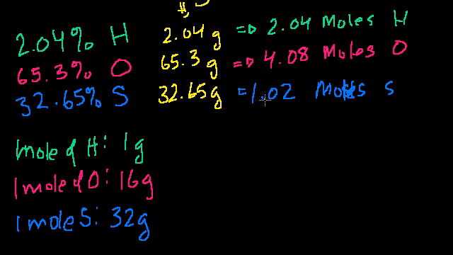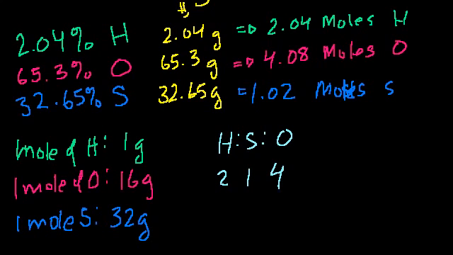And then for every 1 mole of sulfur, you have 4 moles of oxygen. If you multiply this times 4, you get 4.08. So the ratio of hydrogen to sulfur to oxygen is, for every 1 sulfur, we have 2 hydrogens and 4 oxygens.